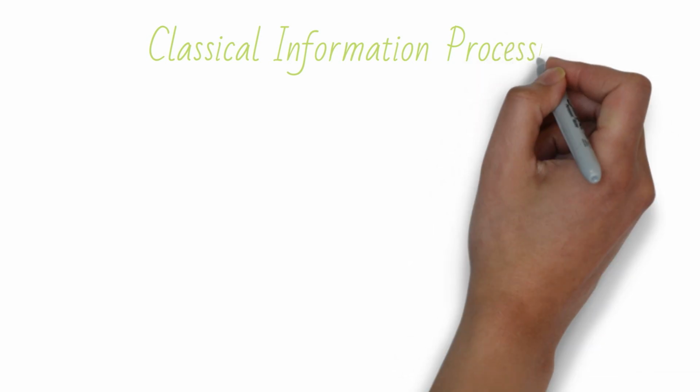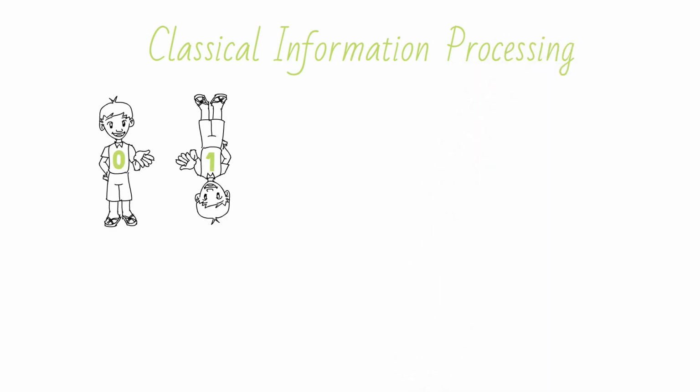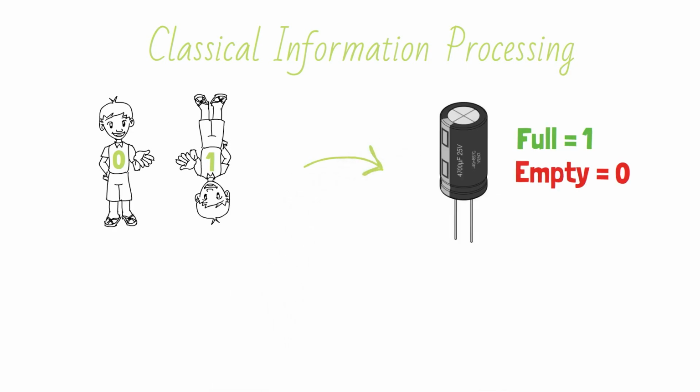And so now we've gone over classical information processing that is used in all of today's computers. We learned that bits can be physically implemented by capacitors, and they can store information in the form of two possible states, 0 and 1. Though we can't do much with one bit of information, so we use many bits to store enough information to carry out useful tasks.